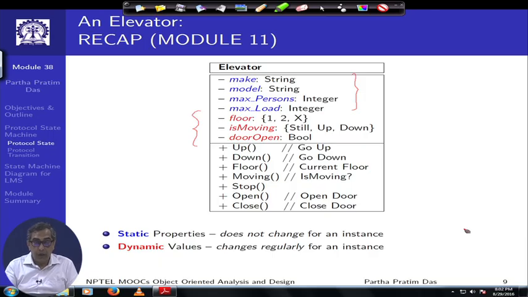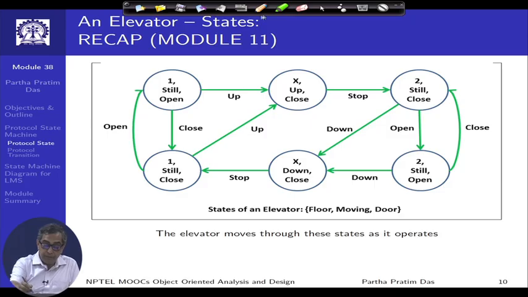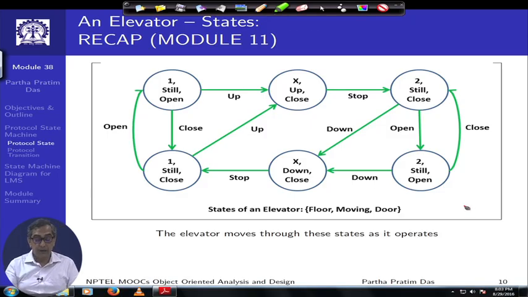So, we said that the floor could have three possible values, 1 and 2, the first floor and second floor, and x, which is indeterminate floor or the moving state. And we said there is an is moving condition, which defines whether the elevator is still or it is moving up or it is moving down, and the door is represented to be open or closed through a boolean. And so, based on this we could work out a state machine diagram for this whole scenario.